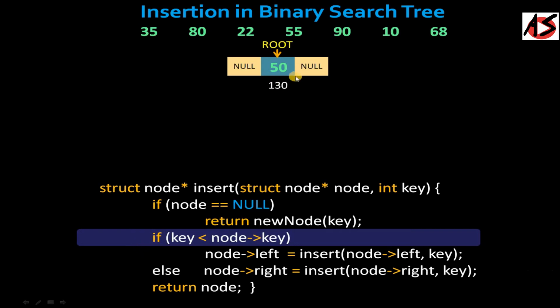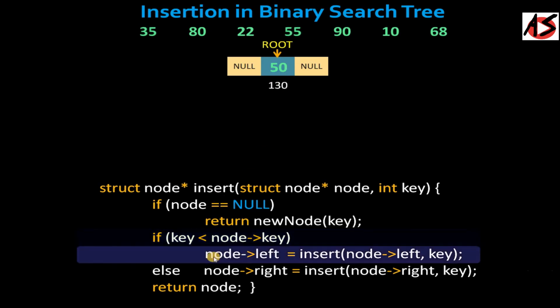So the condition is true. So you are going inside the if condition and you are calling the insert function with node left. So here your node left is null and key is 35. So you are making the new call with null here as the node and key as 35, and that you are assigning into node left. So here you can understand when you are calling this function, you are getting null here.